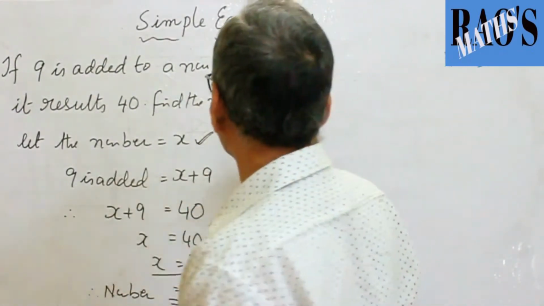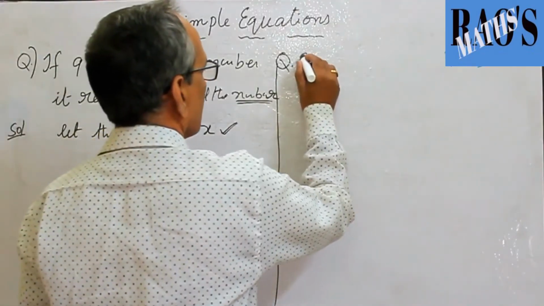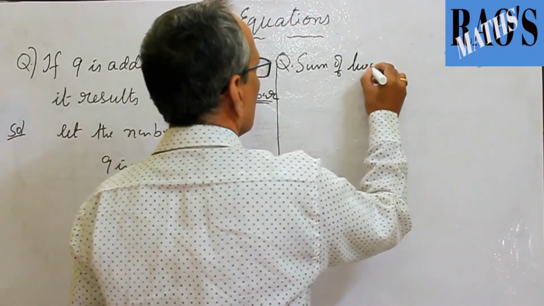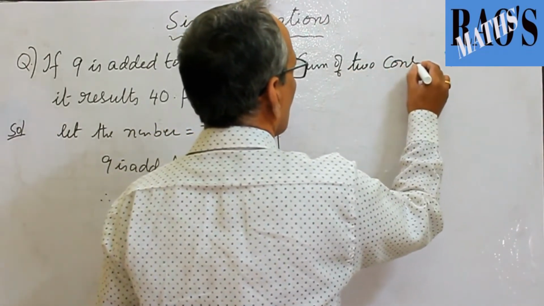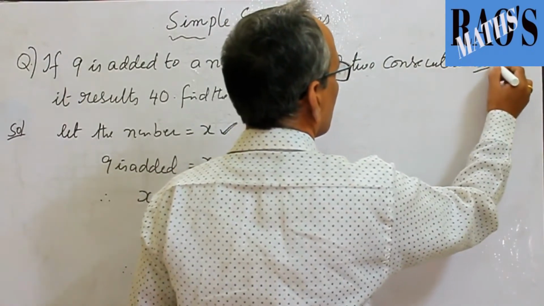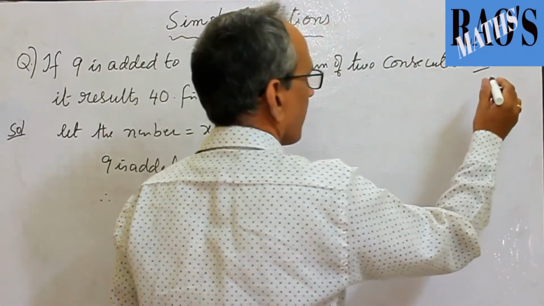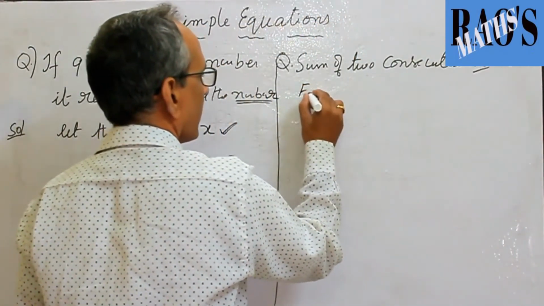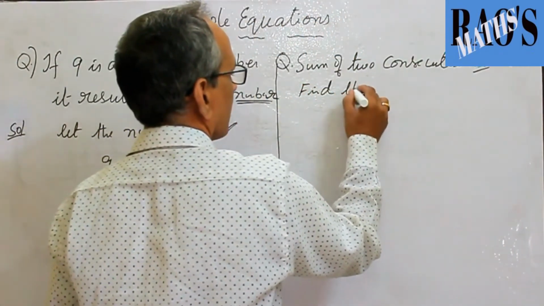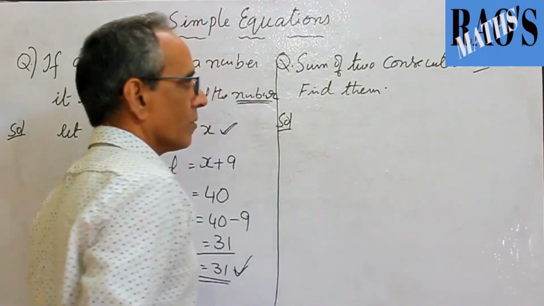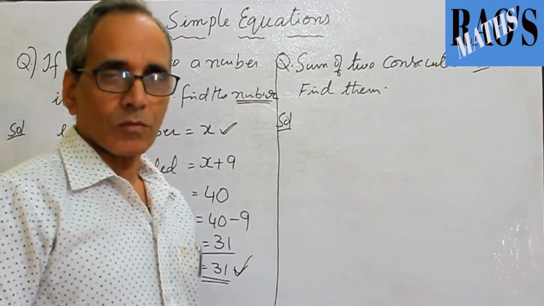Now let's see one more verbal question. Sum of two consecutive numbers is 81. Find them. So here we come across a new word, that is consecutive.